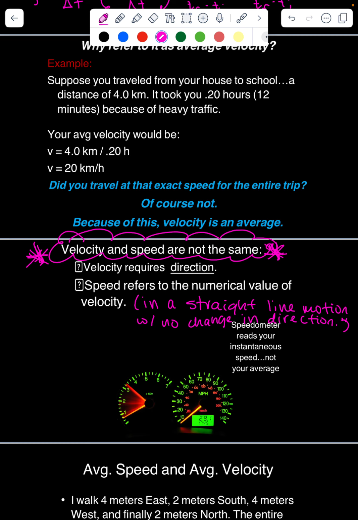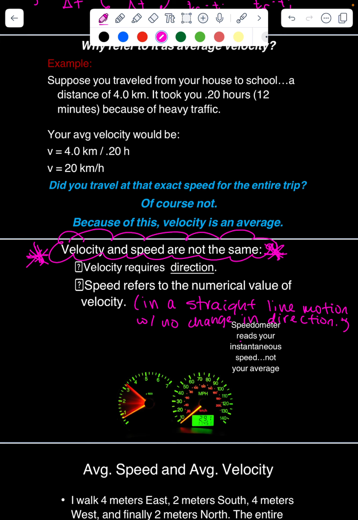But what if we just look down at our speedometer? If we are driving and we look down at our speedometer, what are we looking at? Well, it's the speed. If we're not changing direction at that moment, it could also be our velocity, but it's not going to be our average speed or our average velocity.